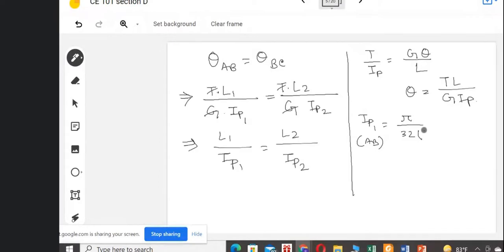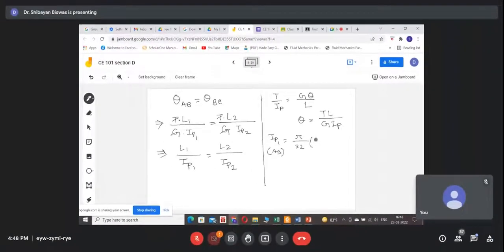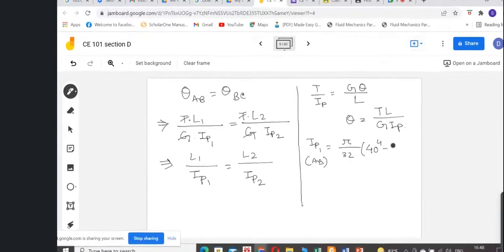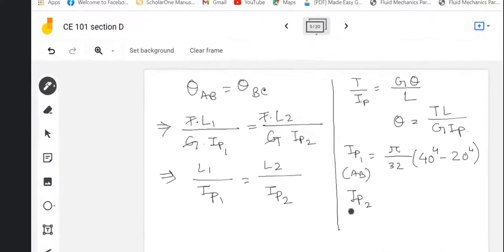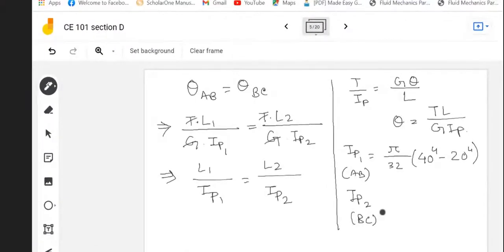Pi by 32, D raised to the power 4. So it is pi by 32 into 40 to the power 4 minus 20 to the power 4, and IP2 for BC is pi by 32 into 40 to the power 4 minus 30 to the power 4.